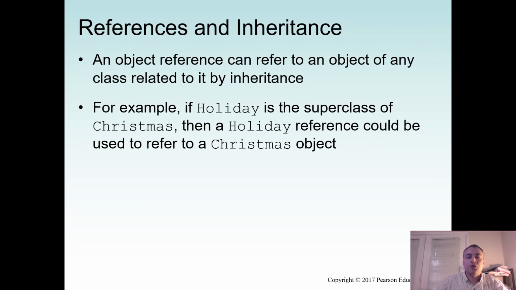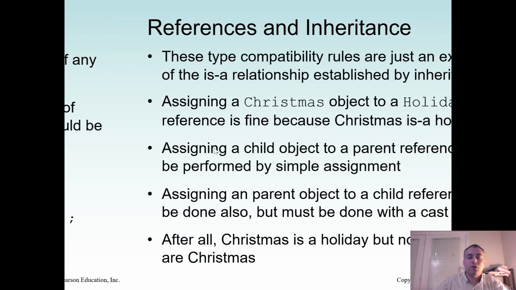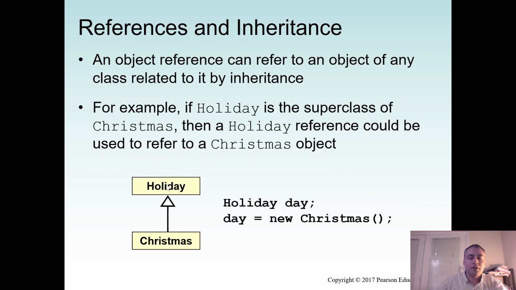So let us look at two classes here, Holiday, which is a superclass of Christmas, and we can use a Holiday reference to a Christmas object. Here is the Unified Modeling Language diagram.